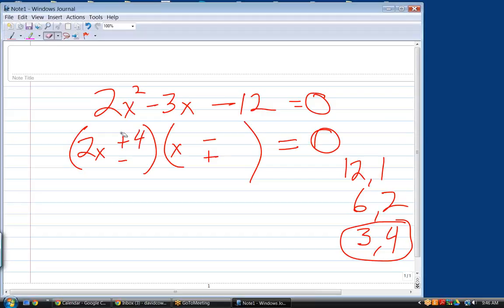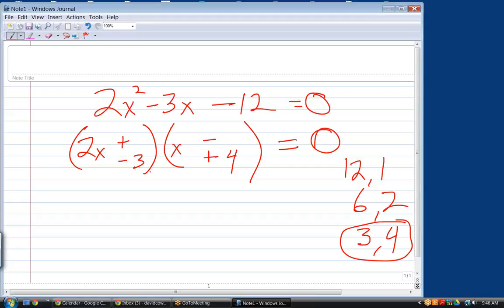Let me do it this way. I'm going to start there. And you can start anywhere. For that matter, you can start with any of the factors. I'm just giving you a hint that if you want the solution in the least amount of time, start with the factors that are closest together.